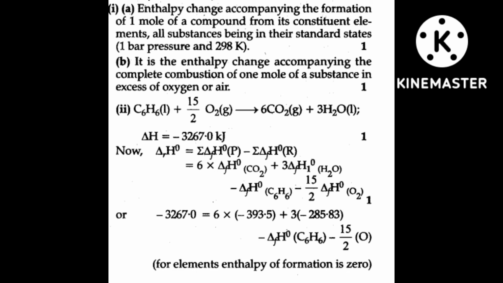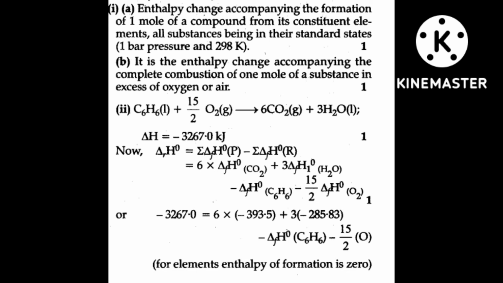Minus 283 will become plus 283. Then you add the last two reactions. After making this change, right to left, left to right, the delta H changes from minus to plus.